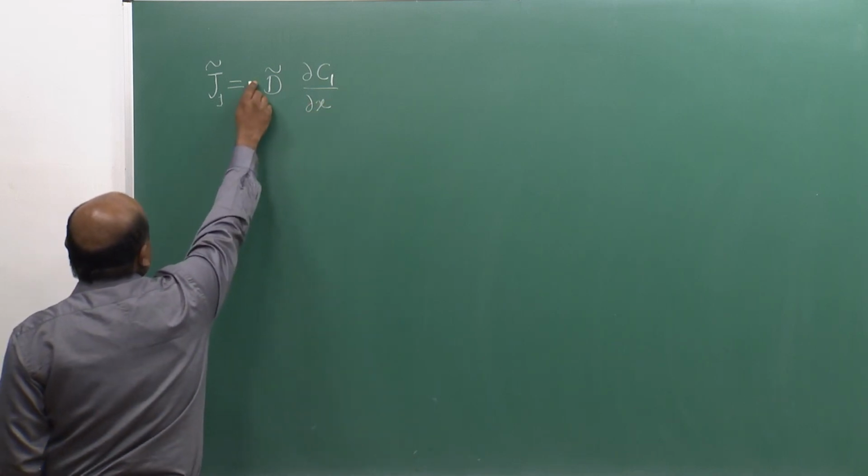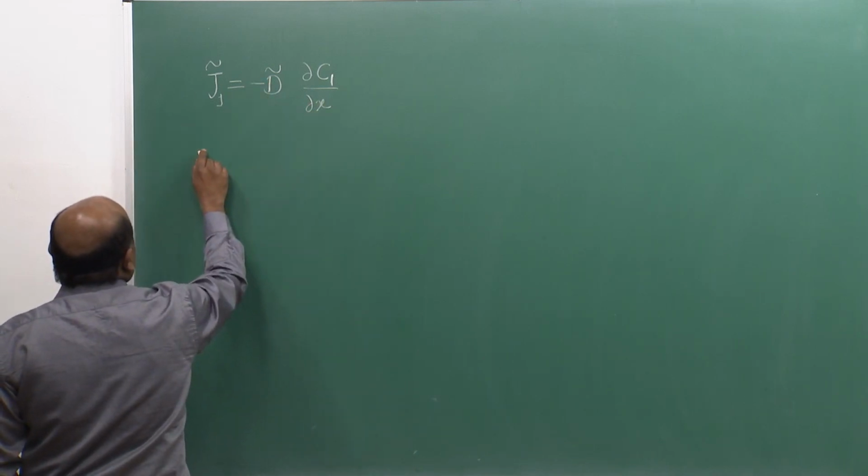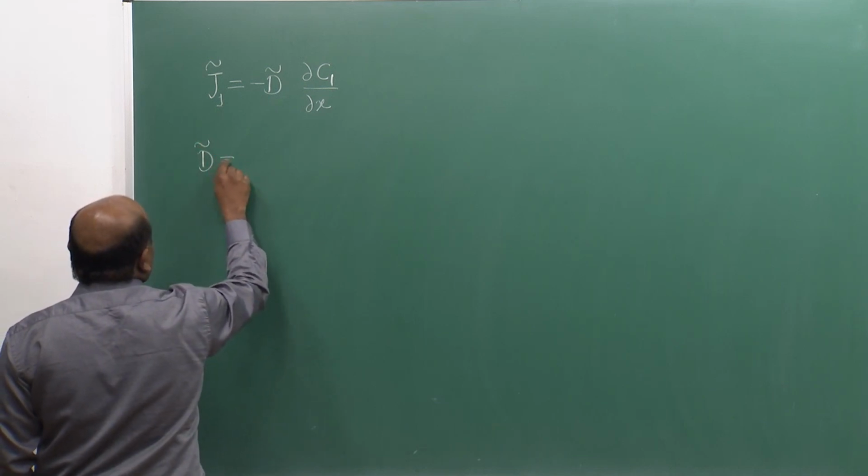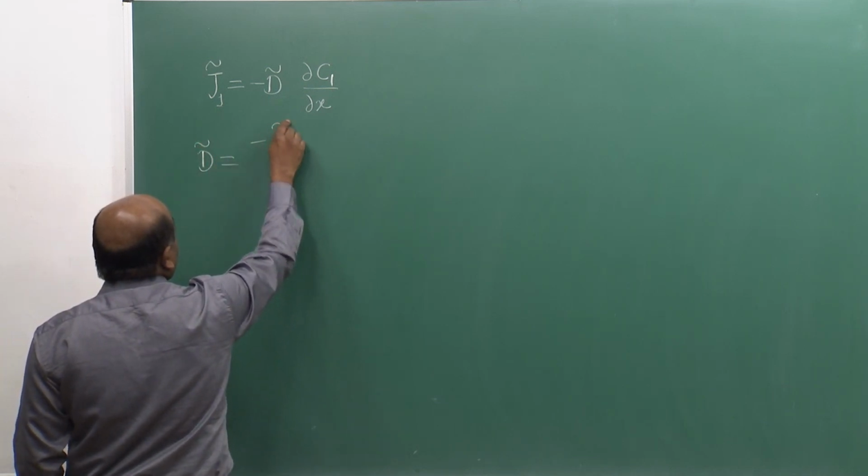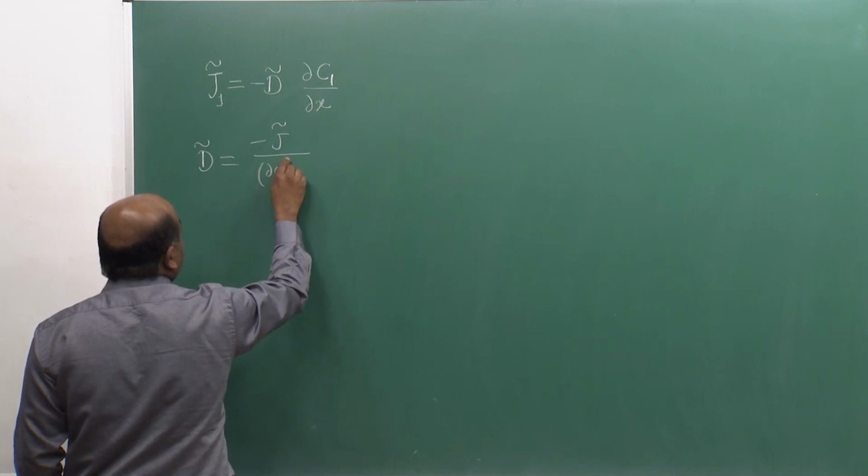And so, we can get D tilde as minus J tilde over ∂C/∂x.